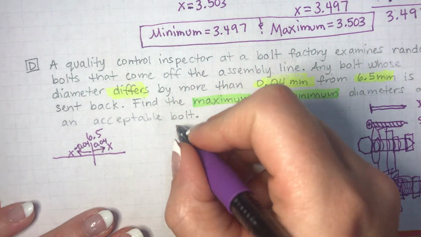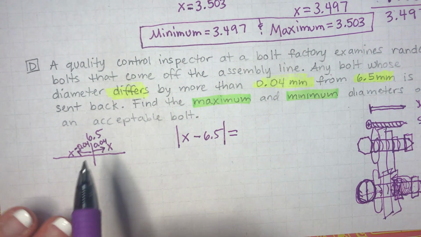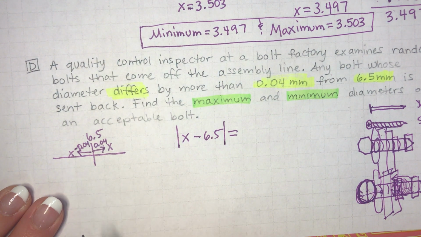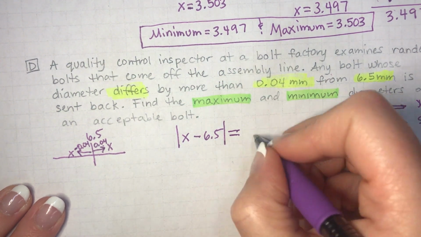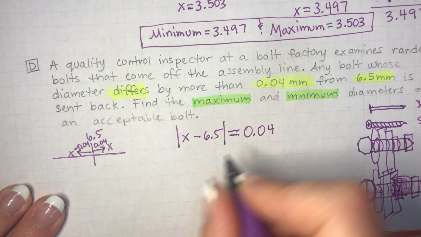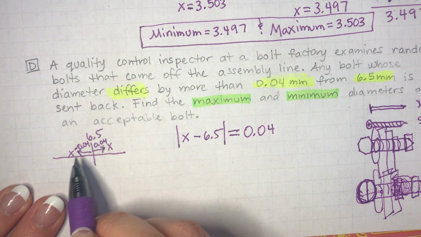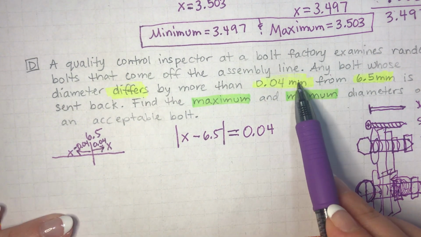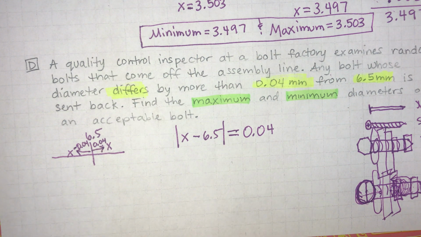So we have the absolute value of x minus 6.5, and that's going to equal the positive 0.04 and the negative 0.04. That's the amount going in the positive and the negative direction. All right, now we're ready. Are we in the same units? Oh, that's nice. This is in millimeters and that's in millimeters. That is so nice of them.